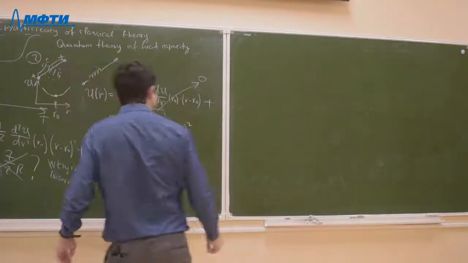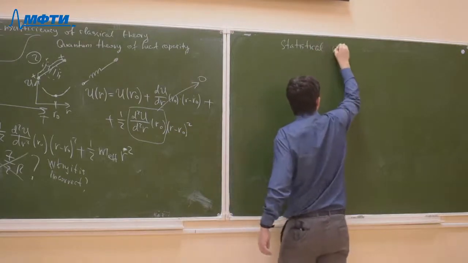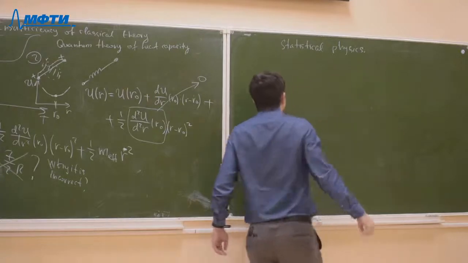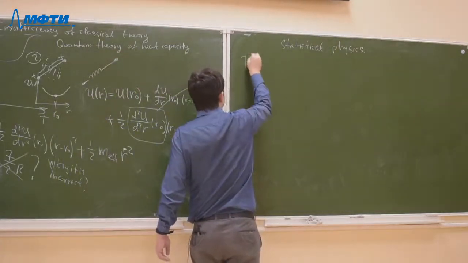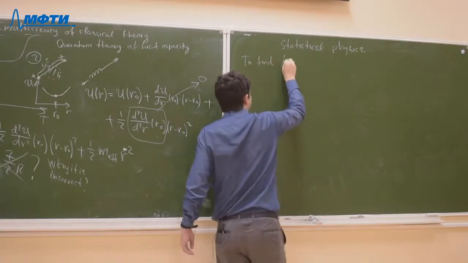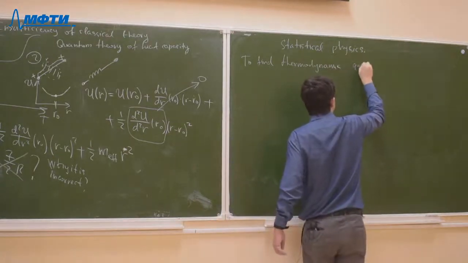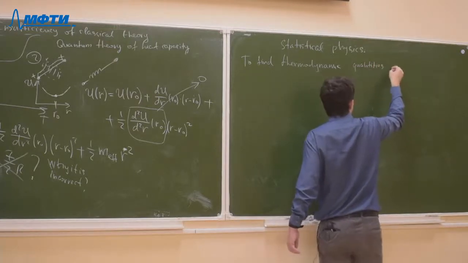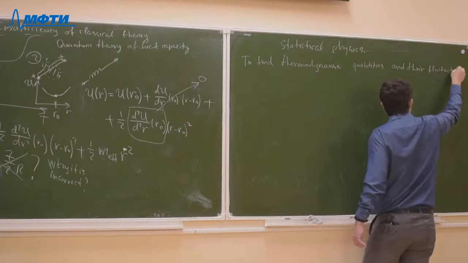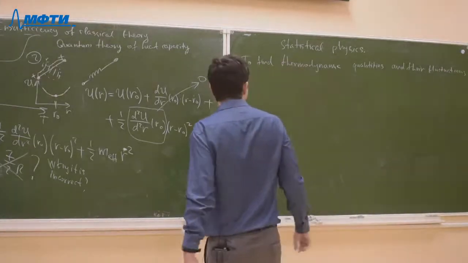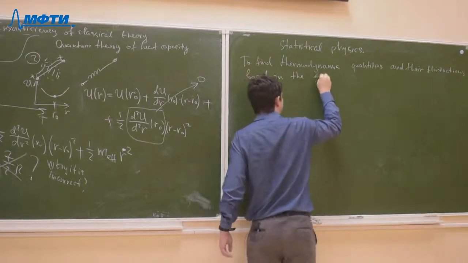The main problem which is solved by statistical physics is to find thermodynamic quantities and their fluctuations based on the energy spectrum of the system.